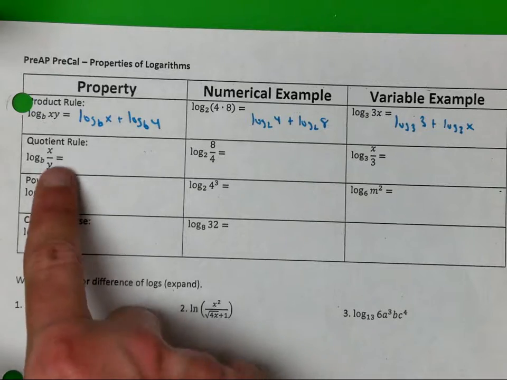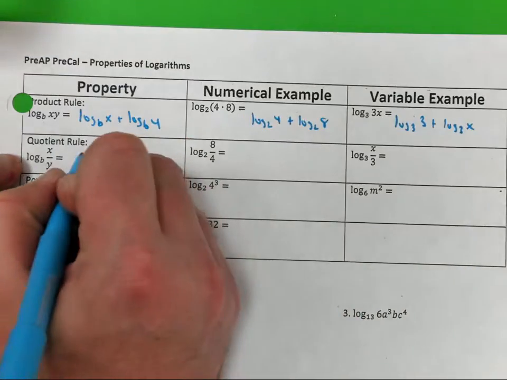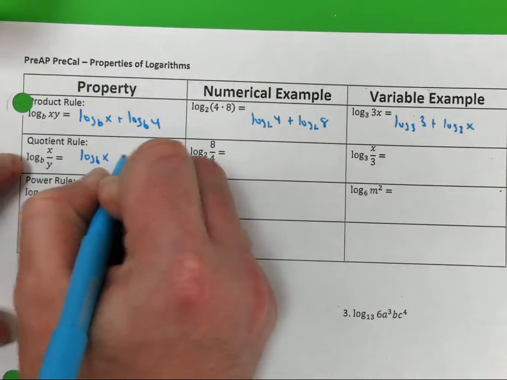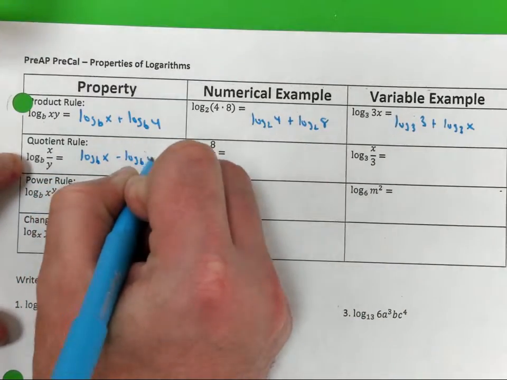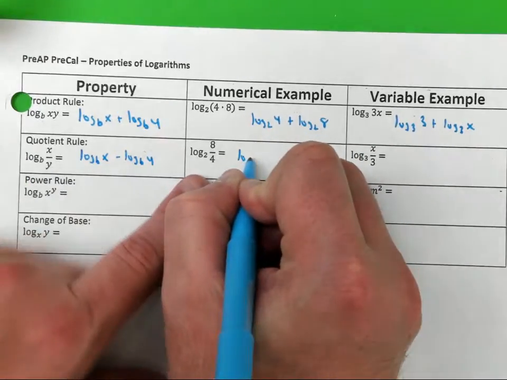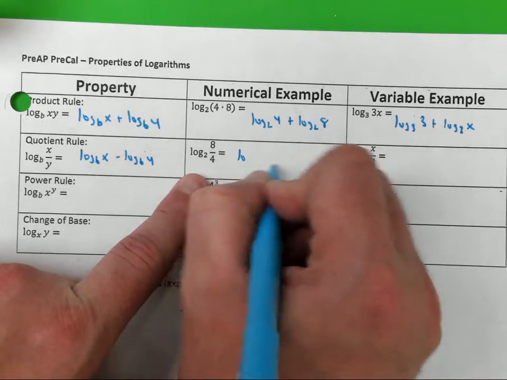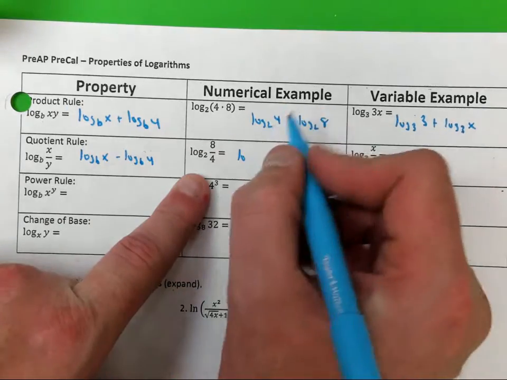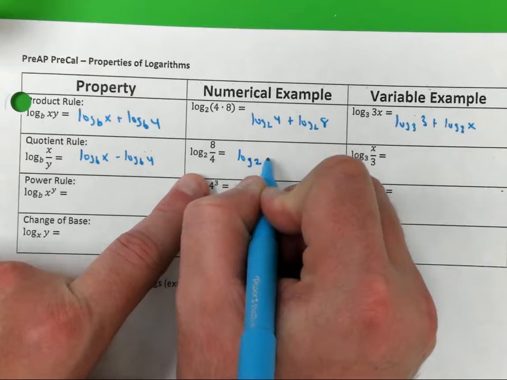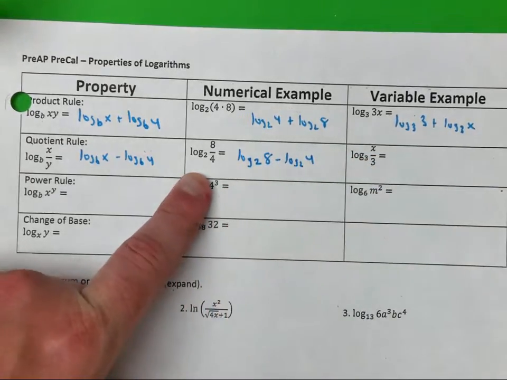Now, for division, it is the quotient rule. You can rewrite this as log base b of x minus log base b of y. This is division. I can rewrite it as subtraction using the quotient rule: log base 2 of 8 minus log base 2 of 4.